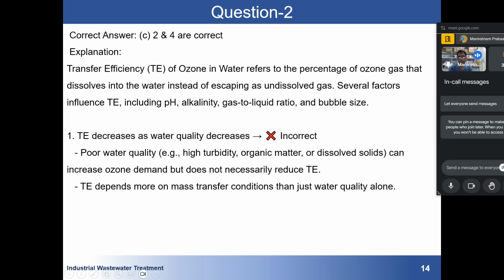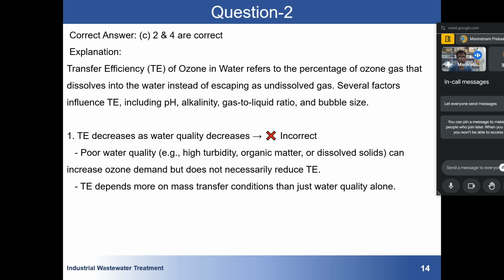Now, the transfer efficiency of ozone refers to the percentage of ozone gas that can dissolve into the water instead of escaping as undissolved gas. Several factors influence TE, including pH, alkalinity, gas to liquid ratio, and bubble size. We already know the definition.